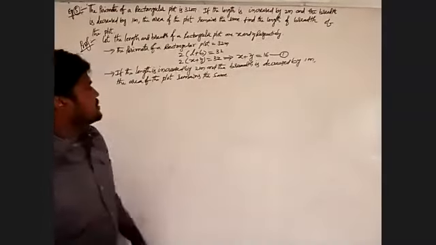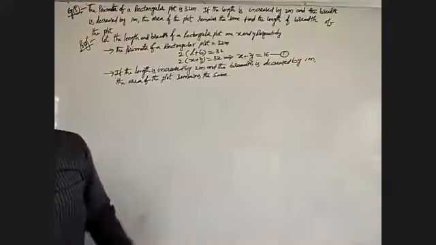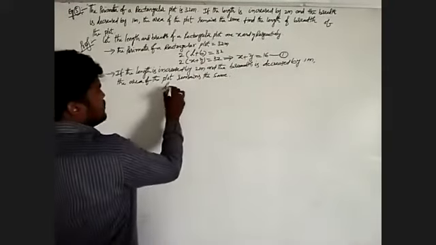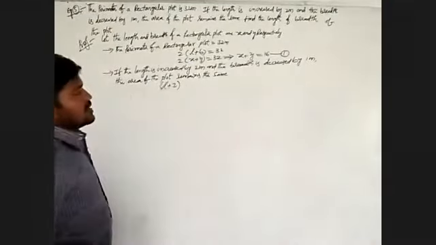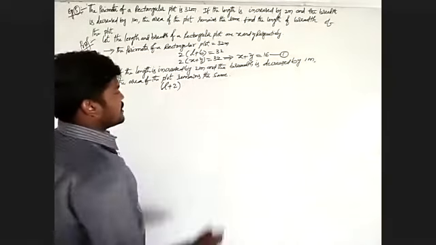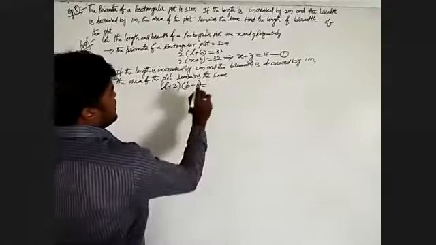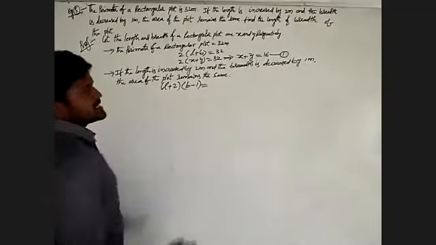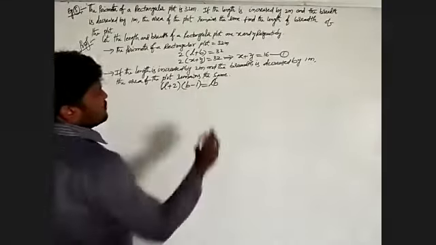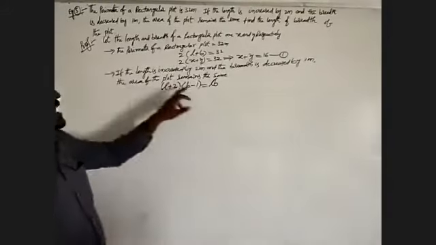Listen, length is increased by 2 meters, that I have to take L plus 2, and breadth is decreased by 1 meter, that means B minus 1, then the area of the plot remains the same. That means area will be same.